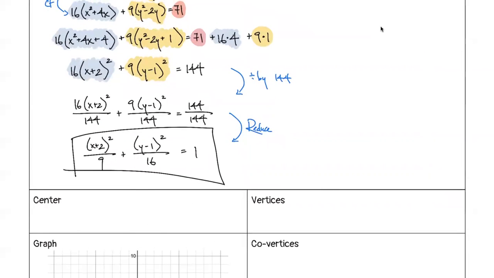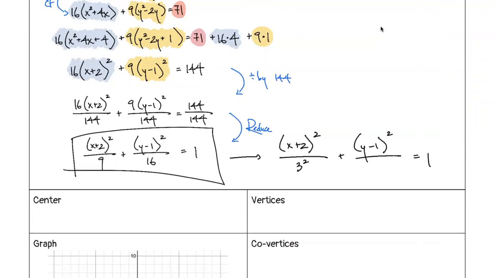So let's take a moment and rewrite this in a way that might be more useful for us. In particular, (x plus 2) squared over something plus (y minus 1) squared over something else equals 1. What are we going to put in the denominators for each one? 3 squared and then 4 squared.